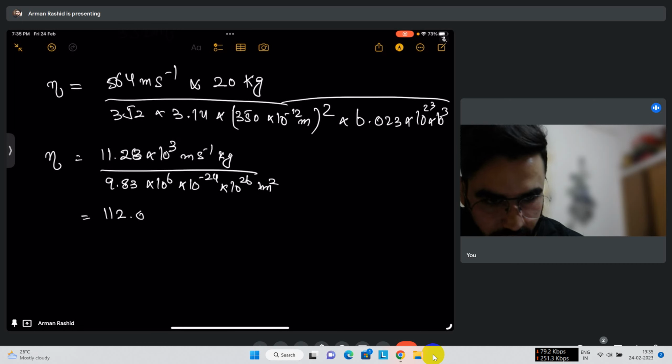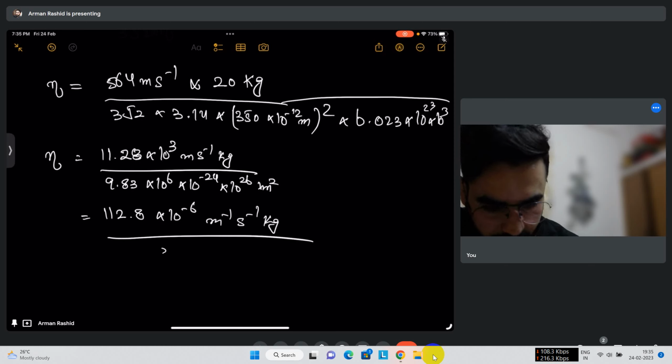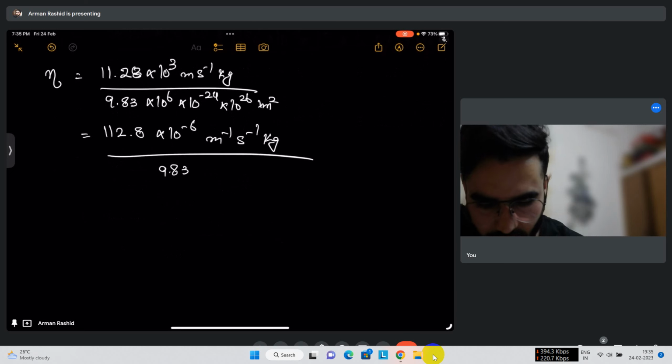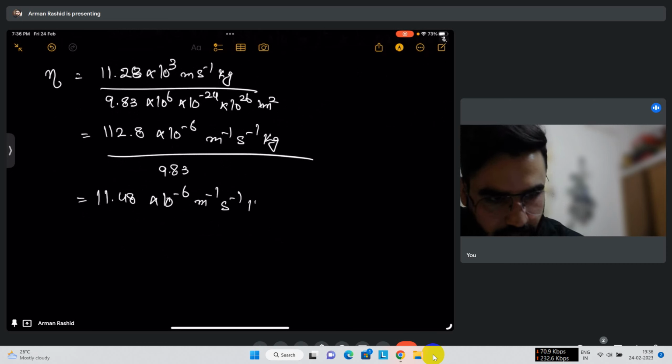Doing further calculations, we will reach this point, that will be given by 11.48 multiplied by 10 to the power minus 6 kg per meter per second.